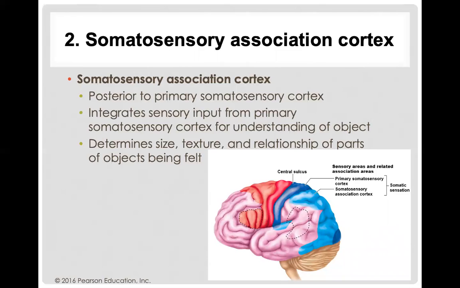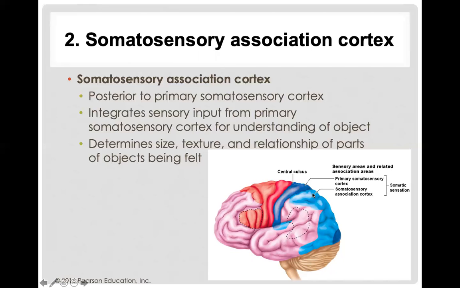Now again, as we said, we also have an area called somatosensory association area. This part of the brain is dedicated to figuring out what the data you're receiving actually means. It helps you determine texture, the relationship of body parts to the objects being felt, size, temperature, the amount of pressure on your skin, etc. The job of this part of your brain is integration of the somatosensory data to help you make sense of your environment.